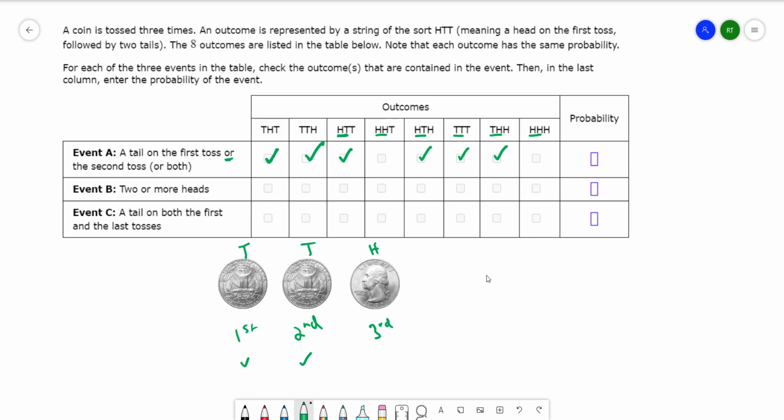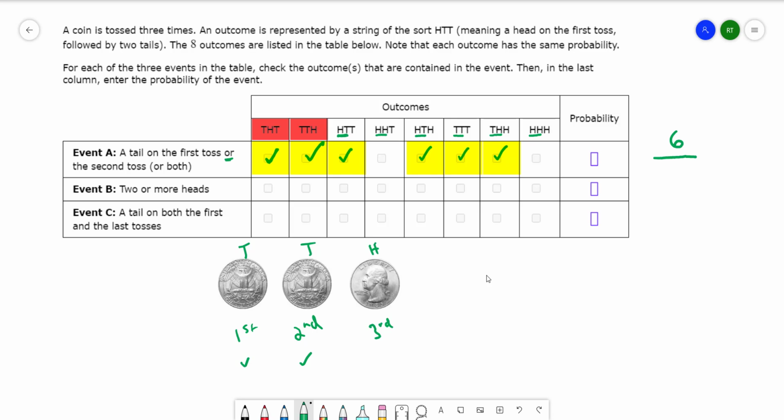And then that leads us to the last part, the probability. Probability that we get a tail on the first toss or the second toss, or both. The probability is going to be how many cases did we have a tails on the first or the second or both. I count out, there's a total of 6 check marks. So that means it came out 6 times out of how many total?